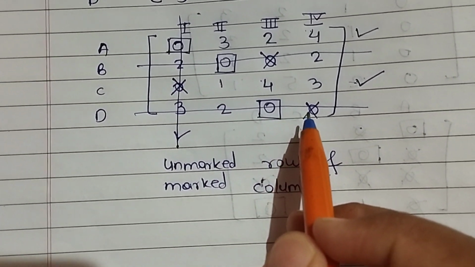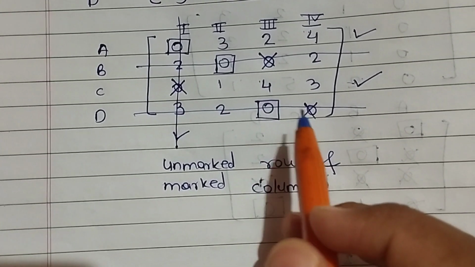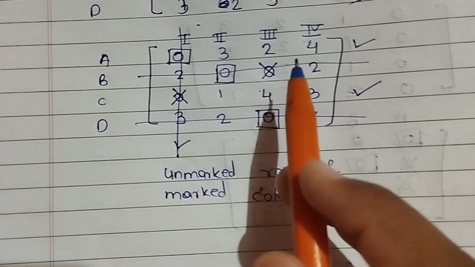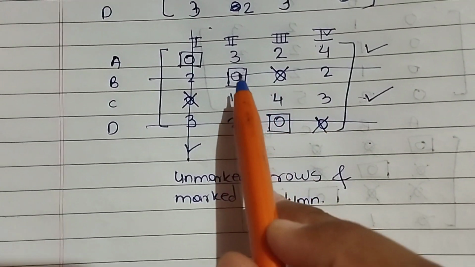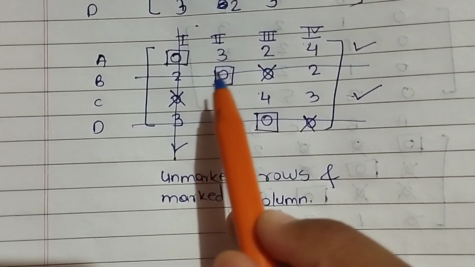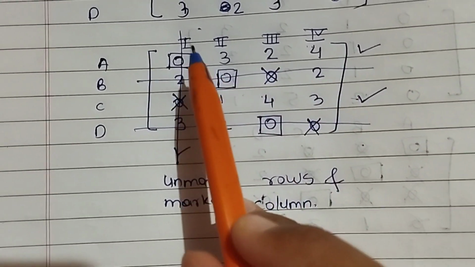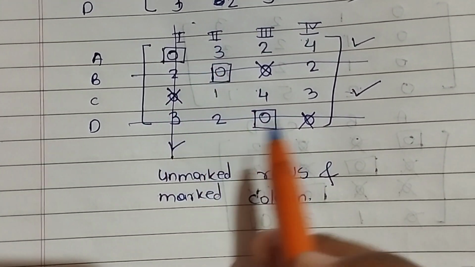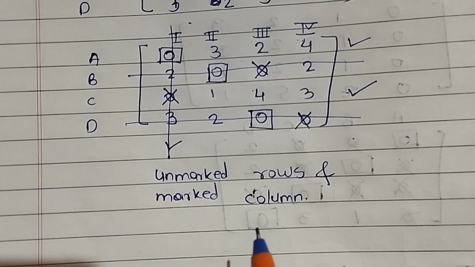In the last row two zeros are present and we cover them. In the second row two zeros are present and again we cover them with a line, and the first column also. So in total, three lines cover all the zeros of the cost matrix.